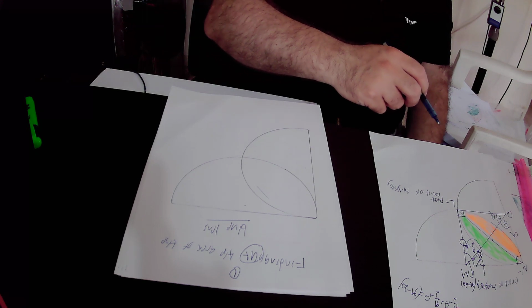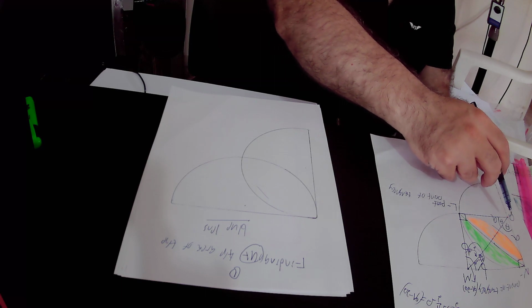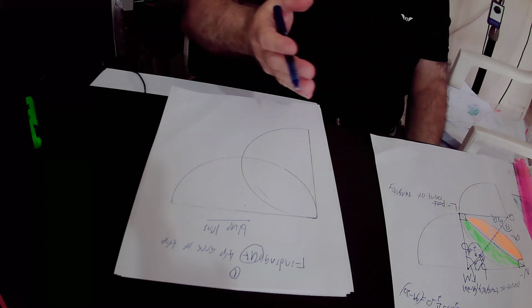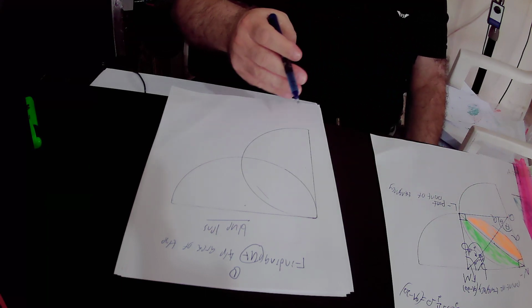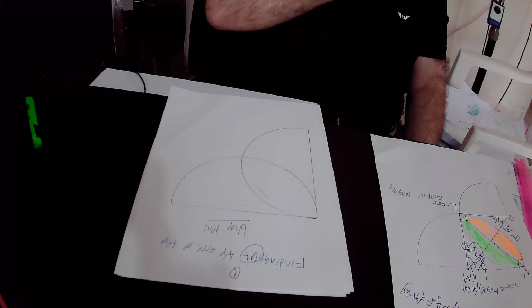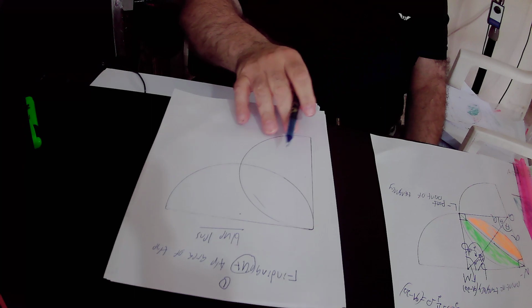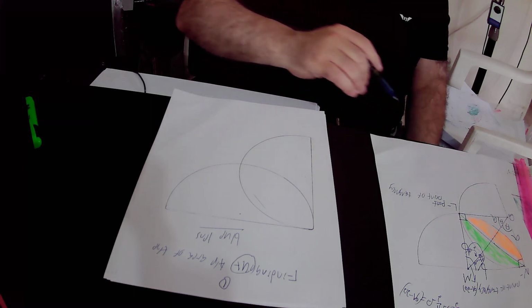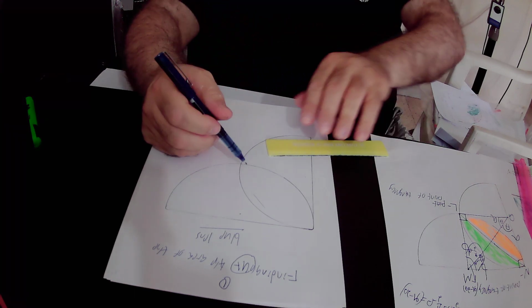So if we assume that A equals 5 and B equals 5, this will give us the area of the blue lens.